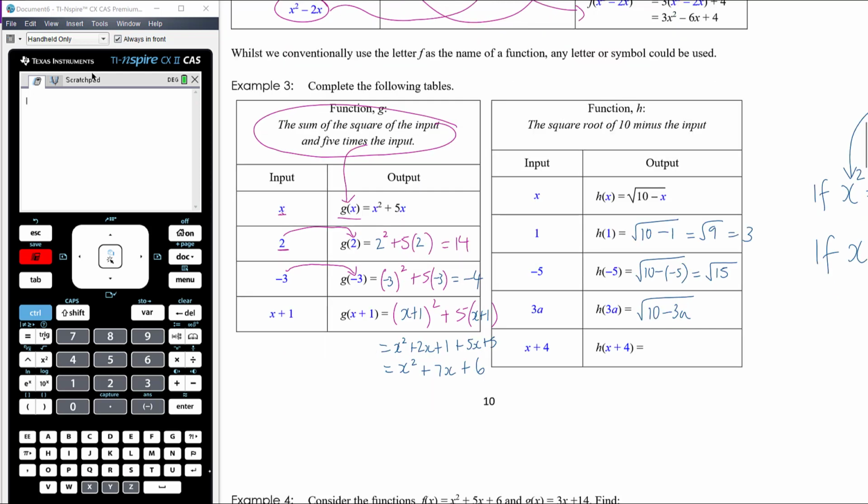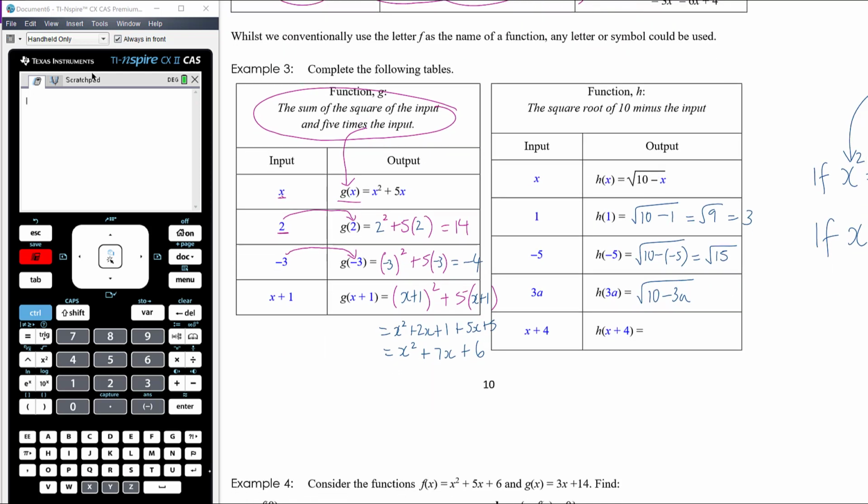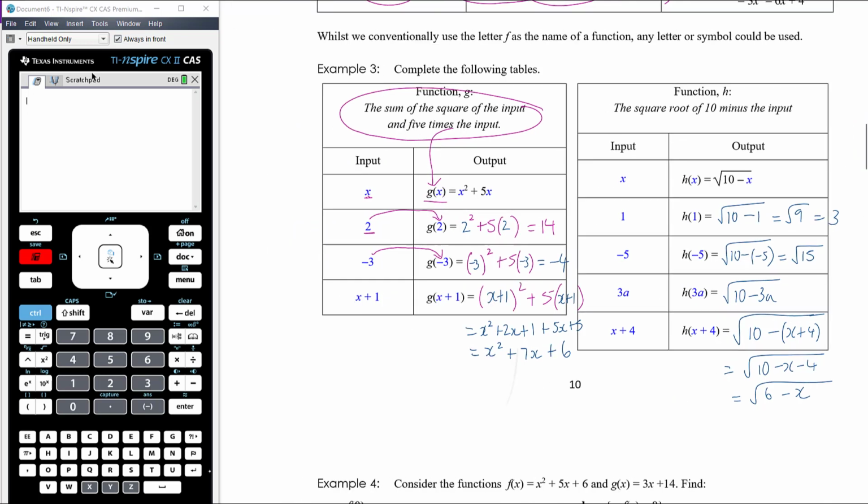If my input is x plus 4, doing h to x plus 4 means taking the square root of 10 minus, now be careful here, because you need to subtract all of x plus 4. It doesn't say the same thing if you don't have the brackets. So it's the square root of 10 minus x minus 4, so that is the square root of 6 minus x. Okay, let's have a look at these functions here then.